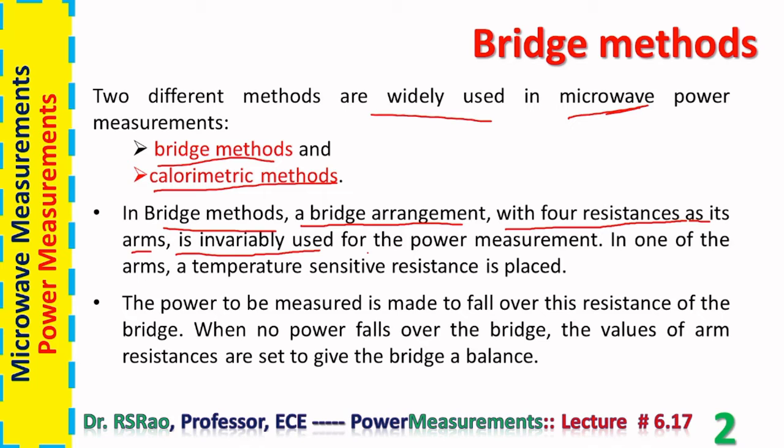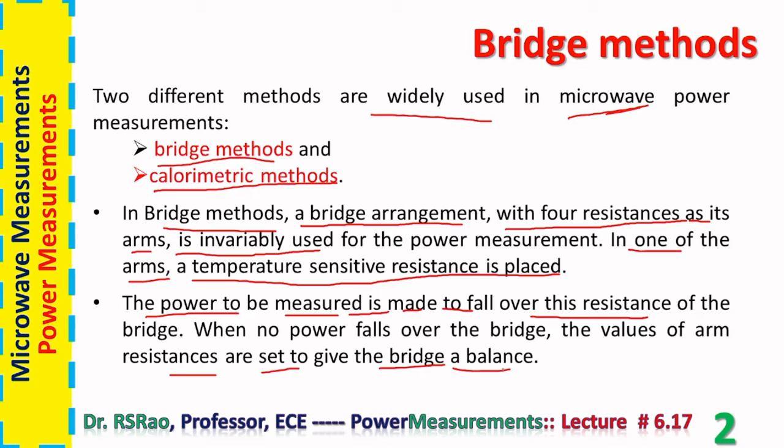That's why these methods are called bridge methods. In one of the arms, a temperature sensitive resistance is placed. The power to be measured is made to fall over this resistance. When no power is falling over the arm, the values of arm resistance are set to give the bridge a balance. In the absence of power, the bridge is balanced.